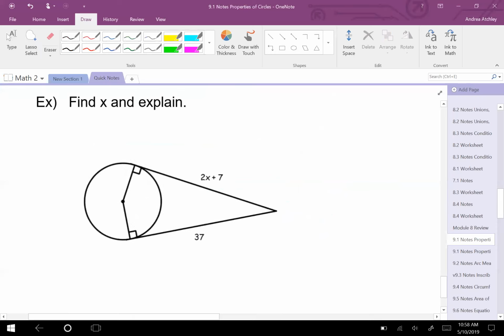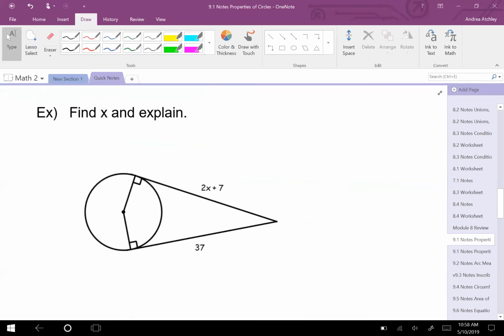Okay, you guys try this one. Find x and explain. Okay, most of you were able to come up with x equals 15.